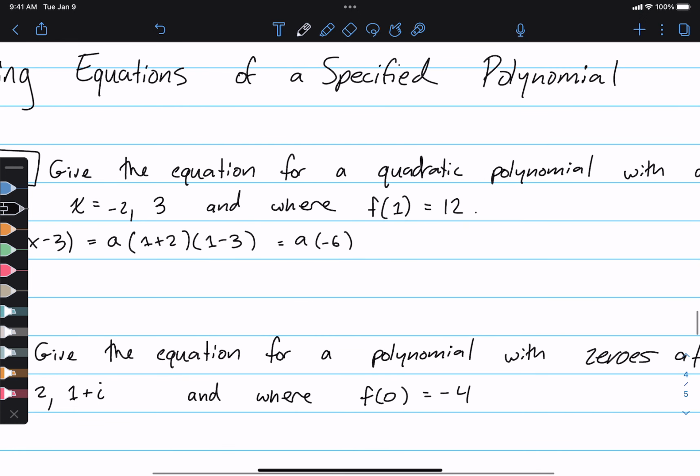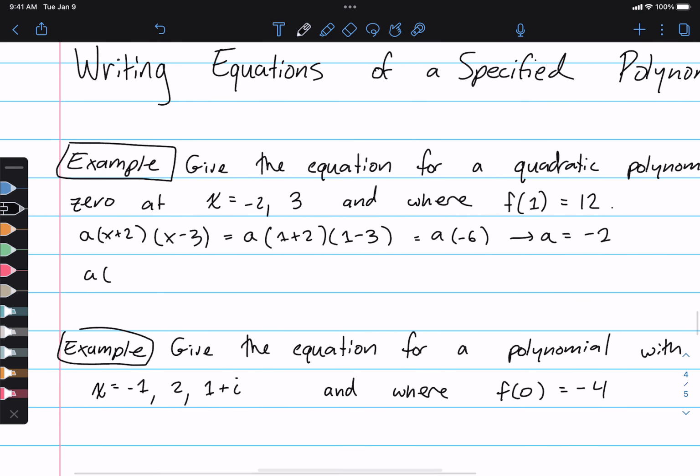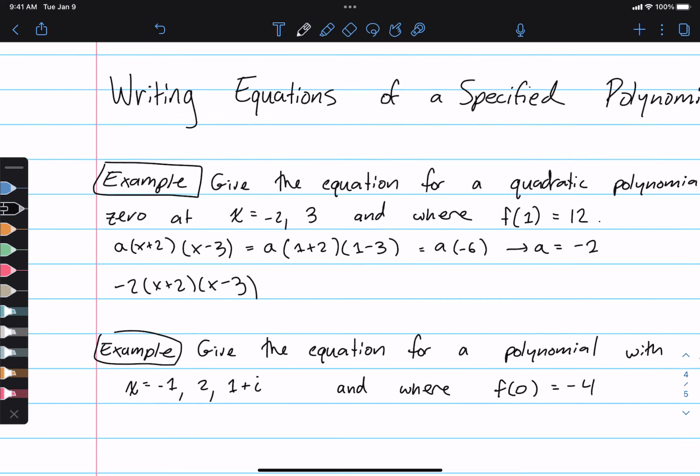And since f of 1 is 12, we know that means that a has to equal -2. And that is going to make it so that we have -2 times x plus 2 times x minus 3. So when x equals -2, this term becomes 0, so it's a zero. When x is 3, this term becomes 0. And then when we plug in 1, we see that we get out 12. And so that is our equation.